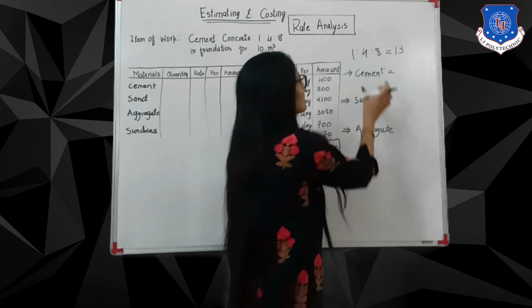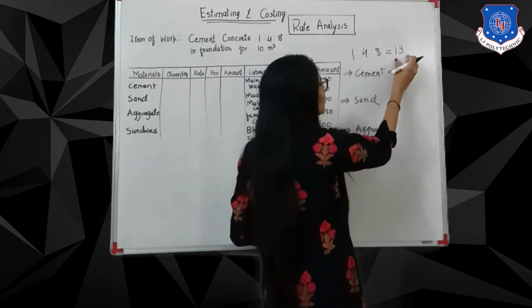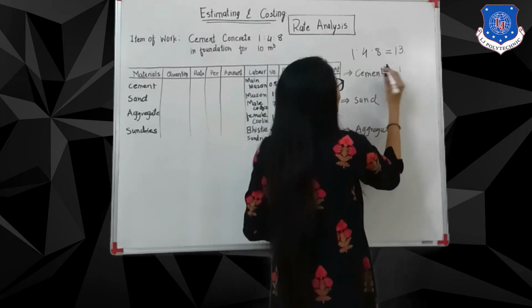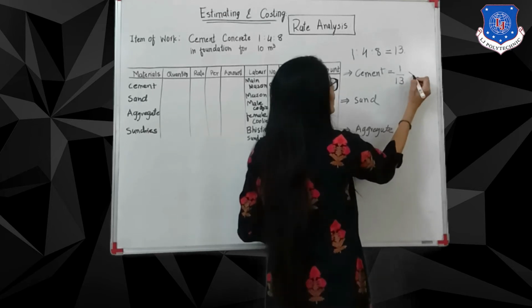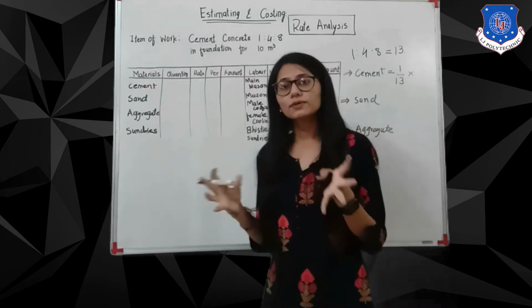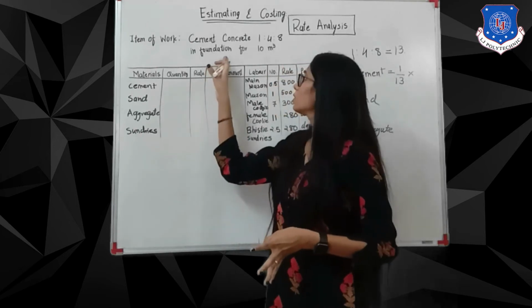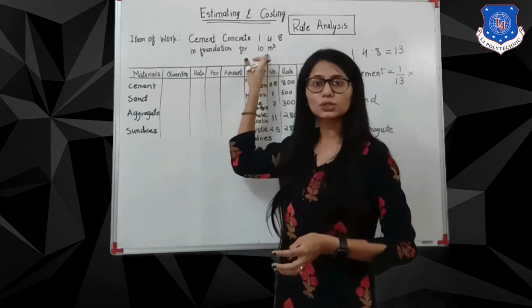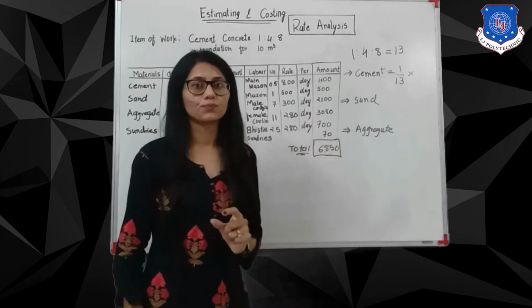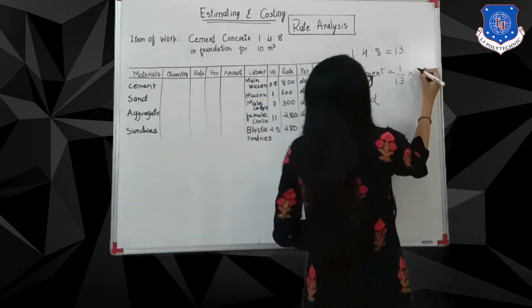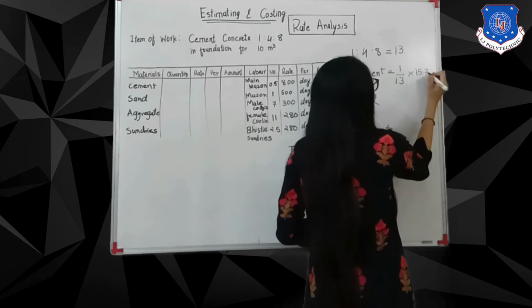So we know that cement is used one part out of 13. We're going to calculate this proportion out of 13 into the mortar quantity. If we are calculating the foundation work or any cement work for 10 meter cube, we're going to calculate the mortar as 15.2 meter cube. That is our standard. I'm adding this 15.2.